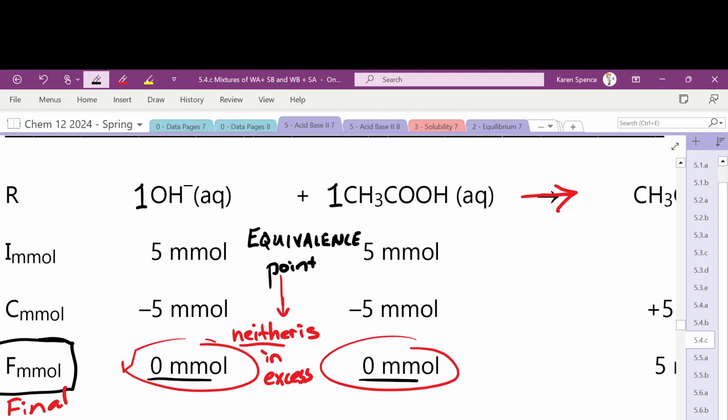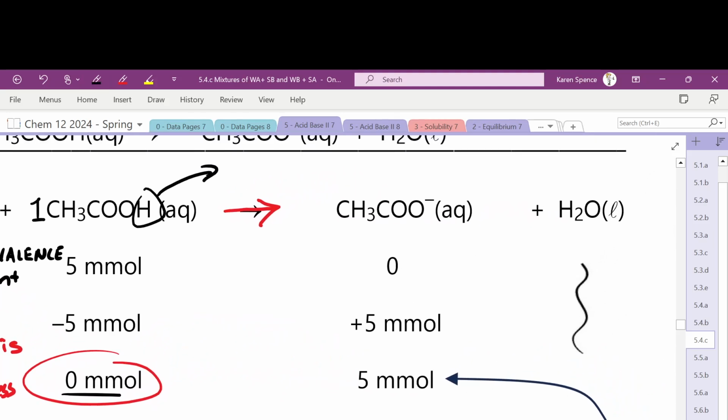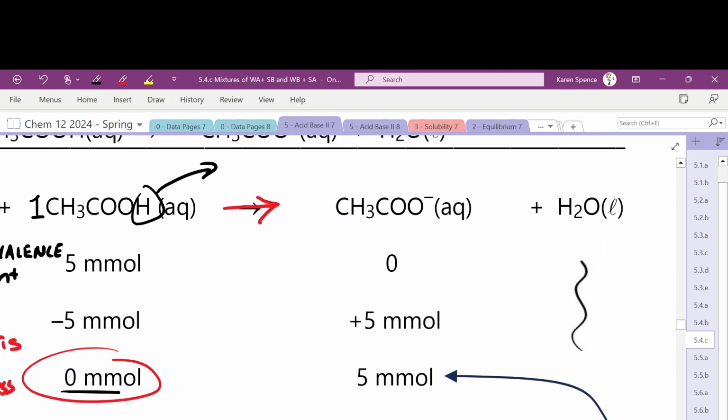Anywho, that's our equivalence point. So all of the acid has had its hydrogen ripped off, and so all of the acid has turned into its conjugate base.